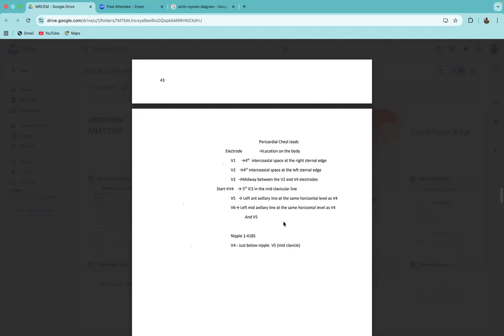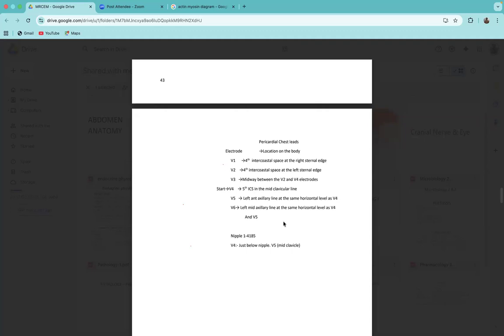Then V4 is placed in the fifth intercostal space in the mid clavicular line, and between V2 and V4 we place V3. V4, V5 and V6 will be on the same horizontal line. V5 will be on the anterior axillary line and V6 on the mid axillary line, but the horizontal plane will be the same for all of them.